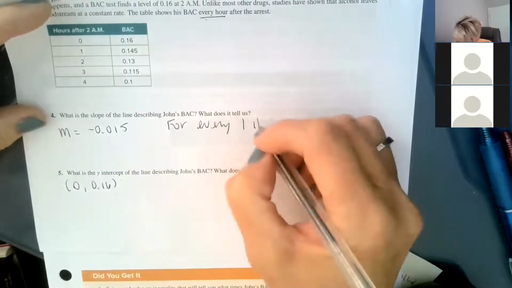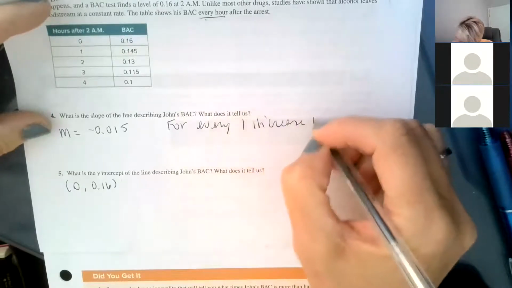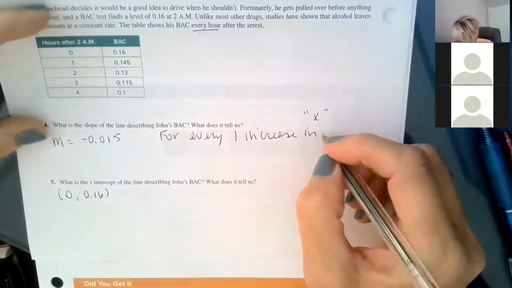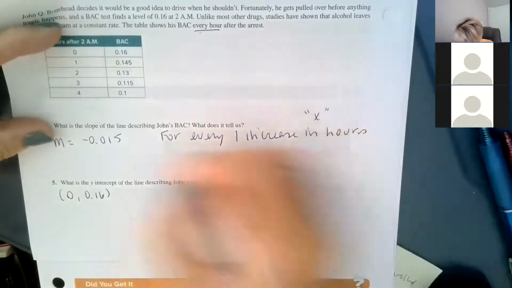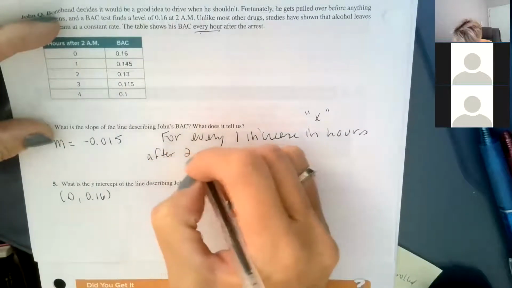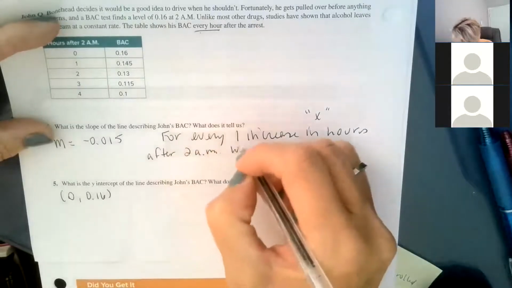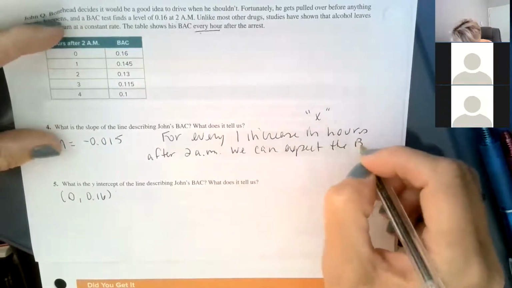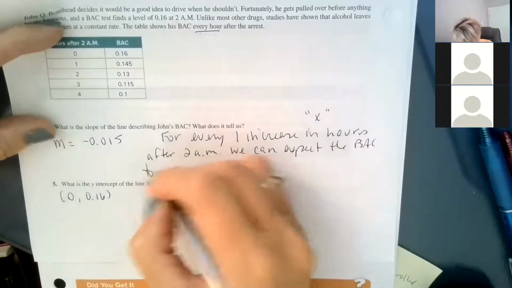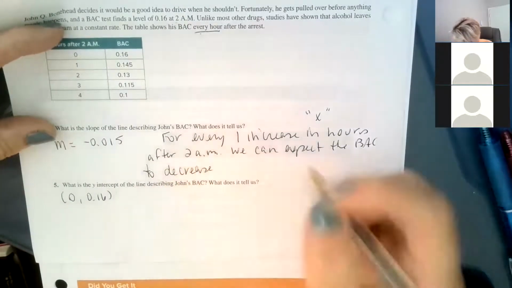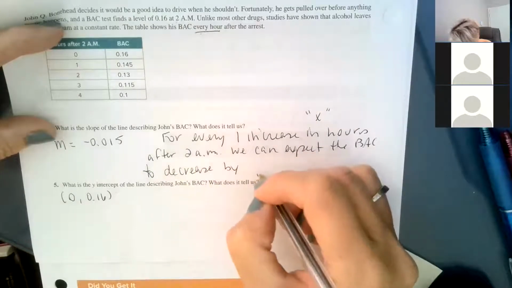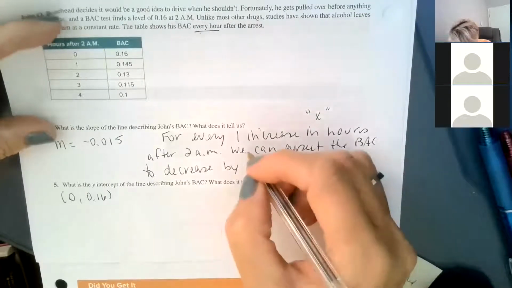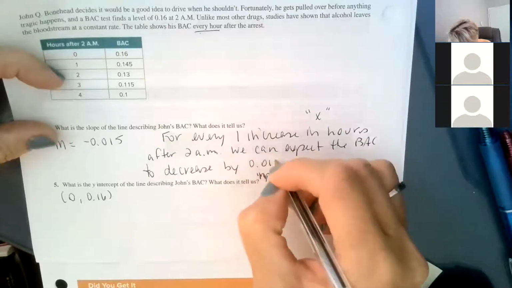So for every 1 increase in, and this is where we put our x variable, we're going to describe it in hours after 2 a.m., we can expect the BAC to, and now I'm not going to say negative, I'm going to say to decrease, and that shows the negative, to decrease by, and this is where we enter our slope. And our slope is 0.015.